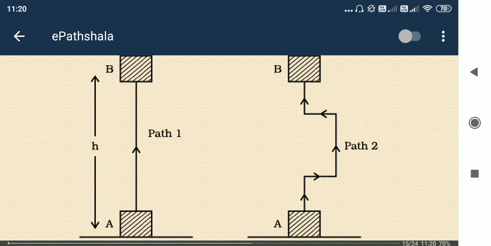When the angle between force and displacement is 90 degrees, no work is done.